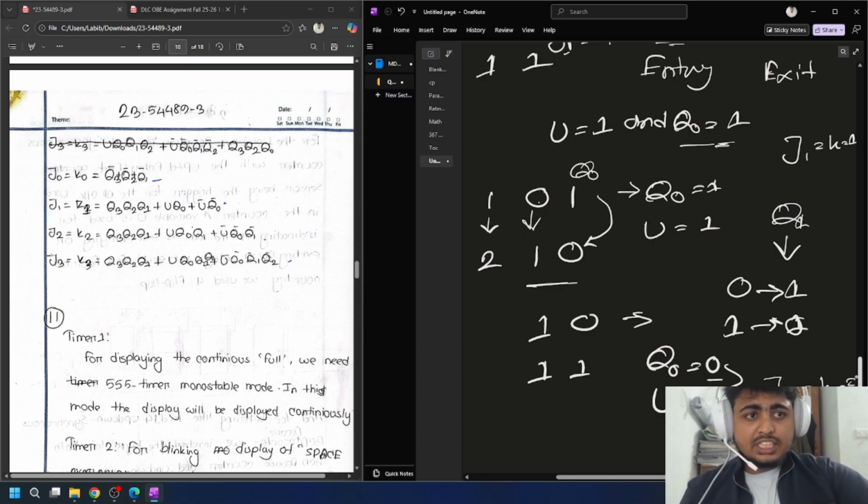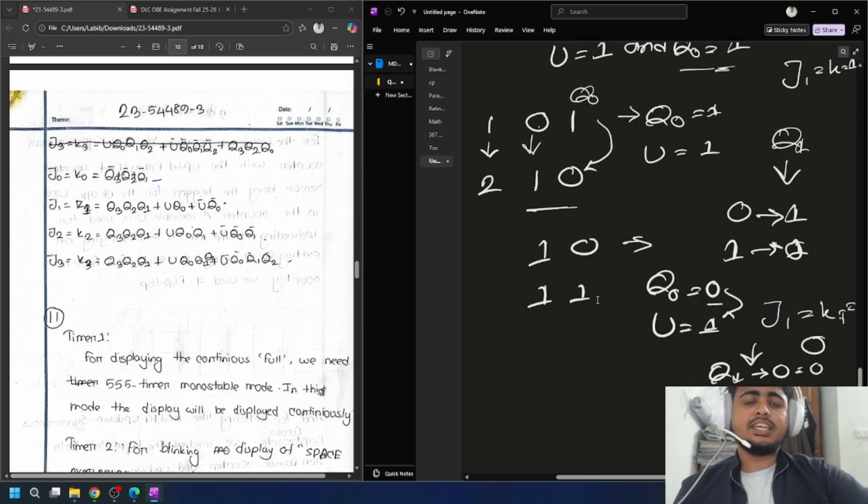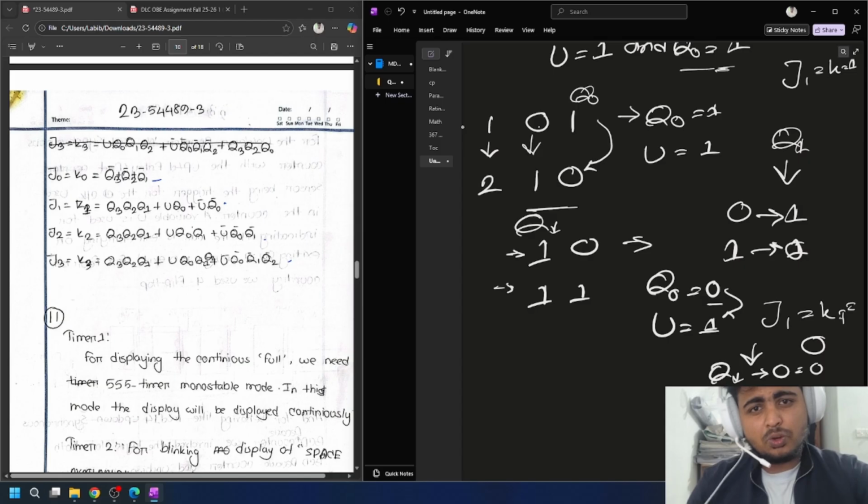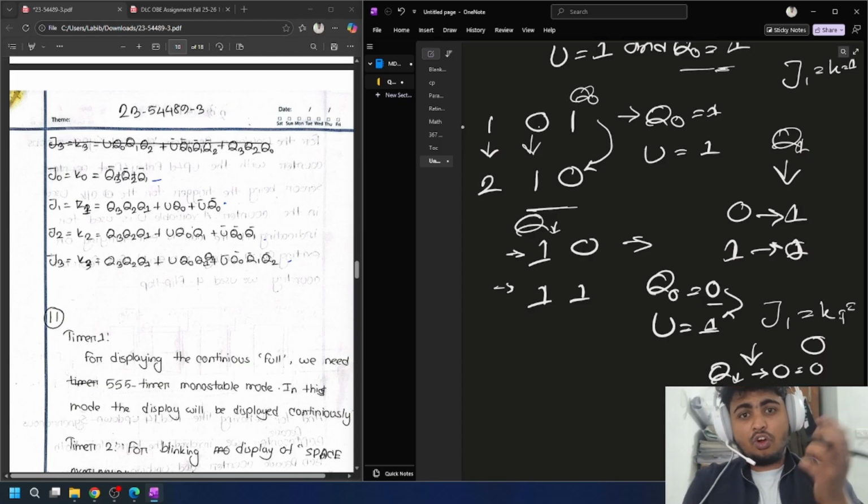So the next state of Q1 doesn't get updated. If it's 0, it stays 0, and if it's 1, it stays 1. Let's see here, this is Q1. It was 0 in the first state, and 1 in the second step. This is how the logic works for entering.